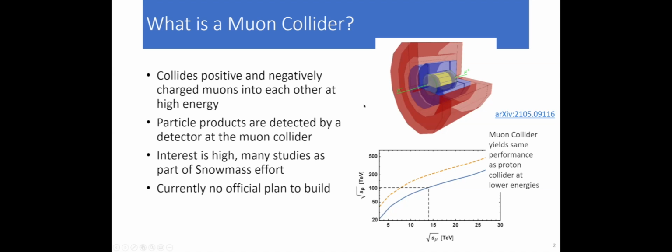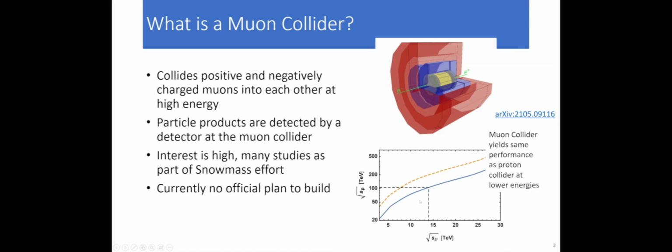So what is a Muon collider? Just like any other collider, it takes particles and smashes them together. But in this case, we're using muons, positively and negatively charged muons. And they just get smashed together, and there's a whole bunch of particle products, and those go out and hit the muon collider sensors. The main allure of the Muon collider, though, is explained by this graph down here.